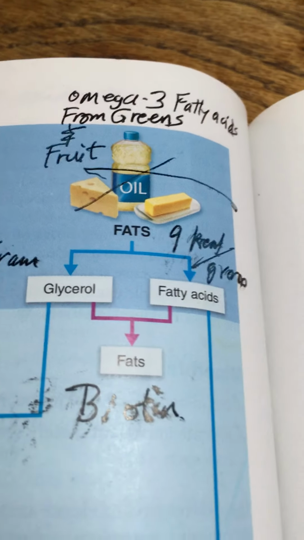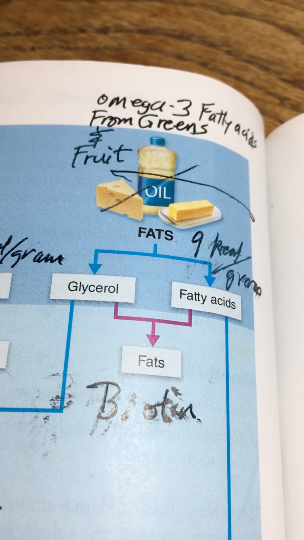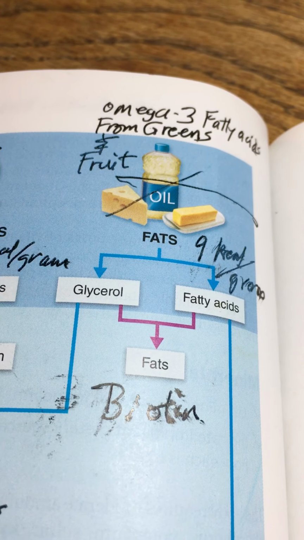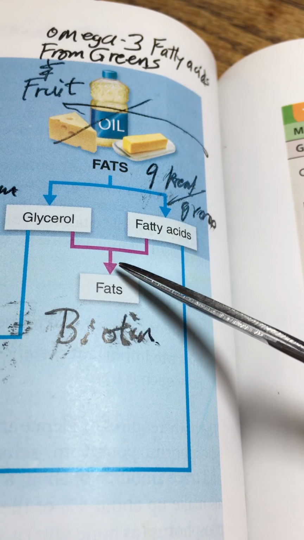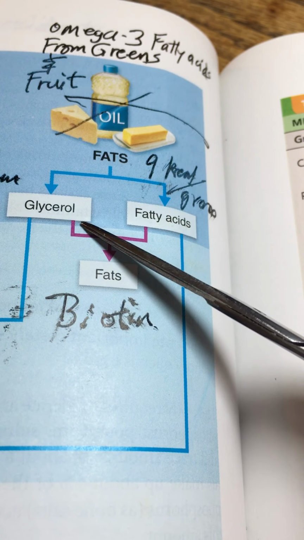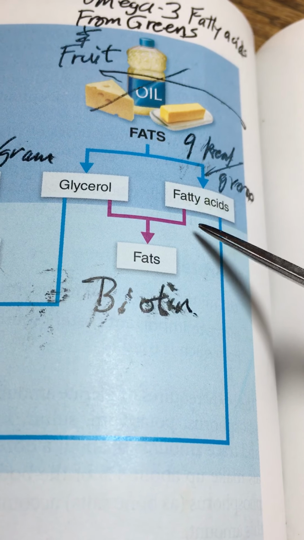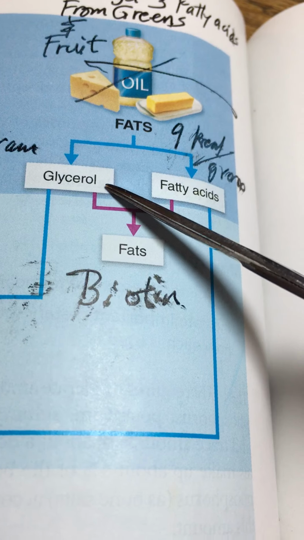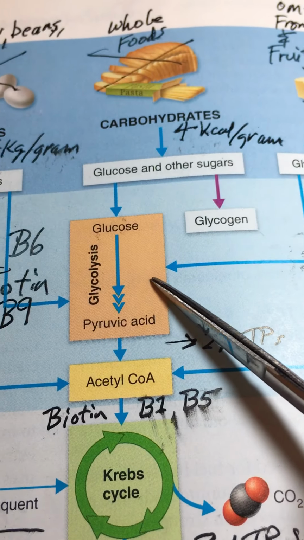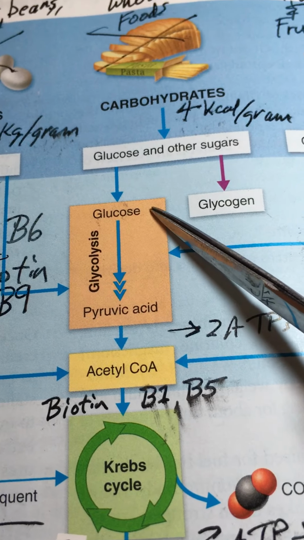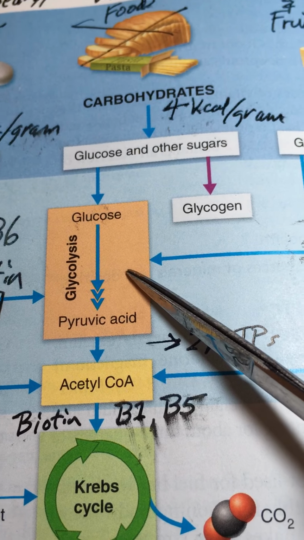Okay, so let's go over here to where the big logs on the fire are represented by the fatty acids, and so we can break down fat to glycerol and 3 fatty acids. So it's called a triglycerol, and 3 fatty acids. Ultimately, the glycerol will come over here and become glyceraldehyde, and that's one of the molecules in the glycolytic pathway.